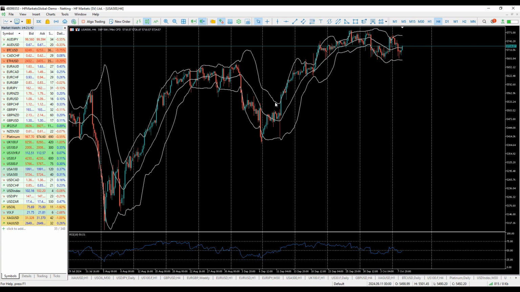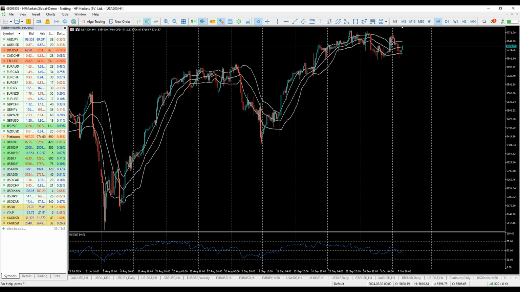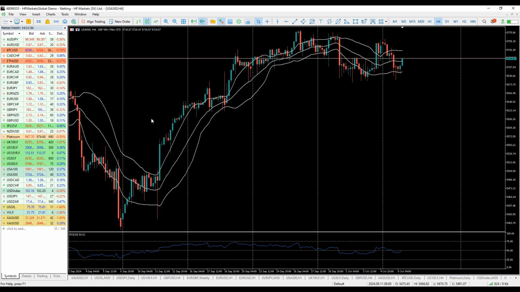So that's just fine. If you tighten it, I mean, you put it really, really tight, then again, it gives you some nonsense, but you see, the price is always outside, not useful at all.